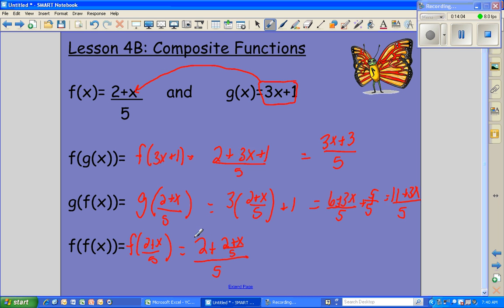So that 2, you got to get a common denominator, is going to become 10/5. So then you get 12 plus x over 5 divided by 5 is, we don't divide fractions, we multiply by the reciprocal. So instead of dividing by 5, I'm going to multiply by 1/5. And my final answer will be 12 plus x over 25.